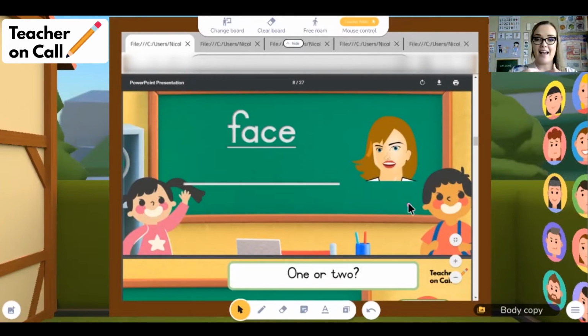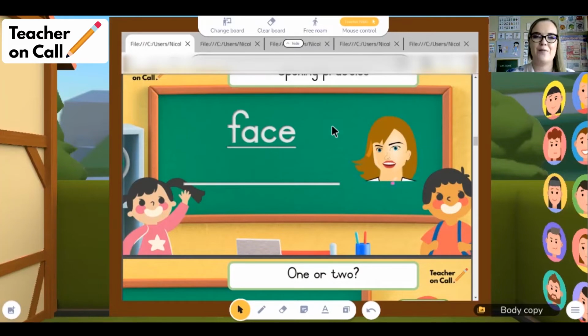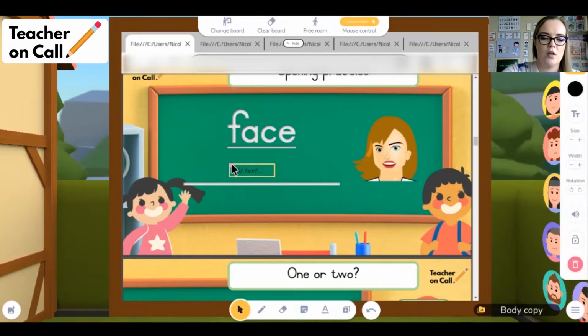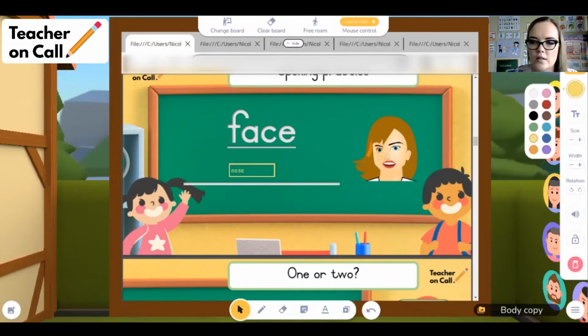And this is my face. Face, and the E is silent. But the E makes that long A sound. Face. It is the same as nose. Nose.